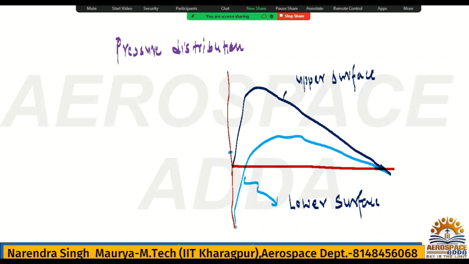Upper surface, obviously on the upper surface there should be negative pressure. Negative pressure means it should be less than atmospheric pressure. Okay, so hence it is minus.